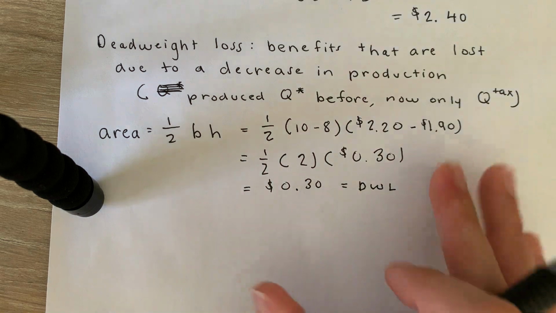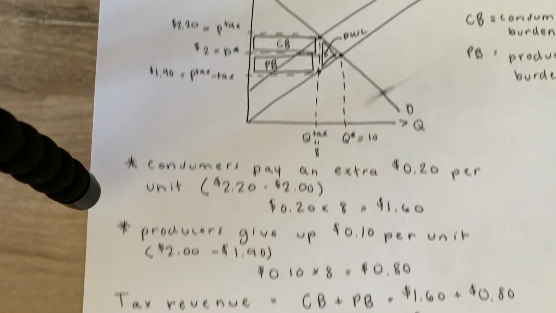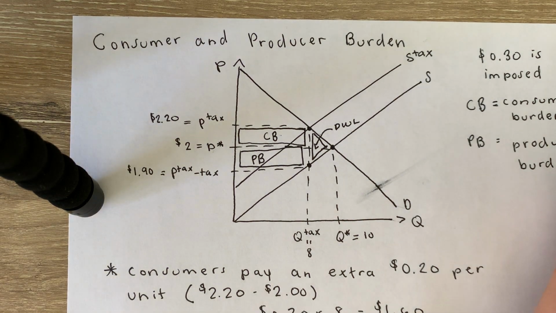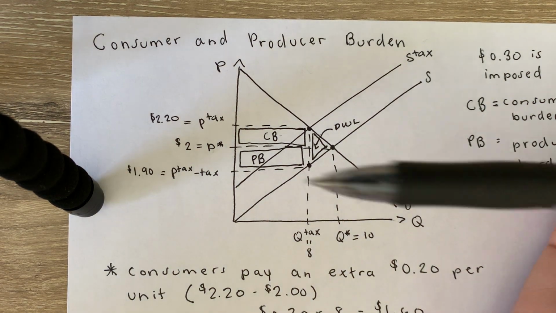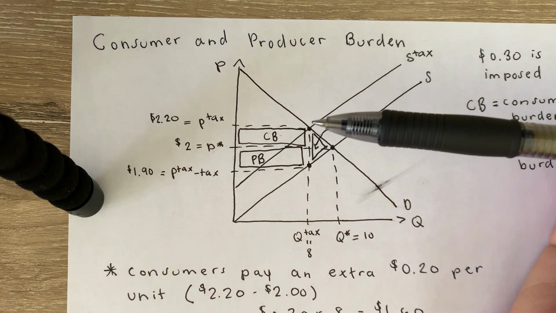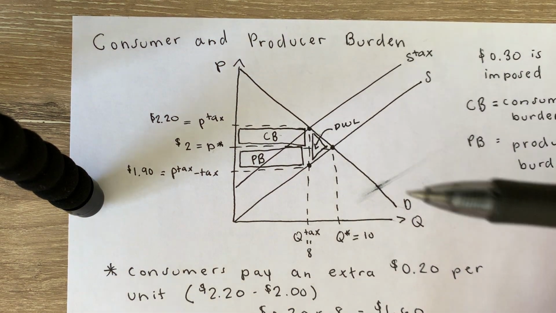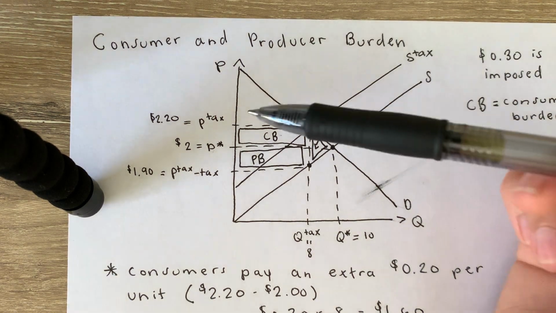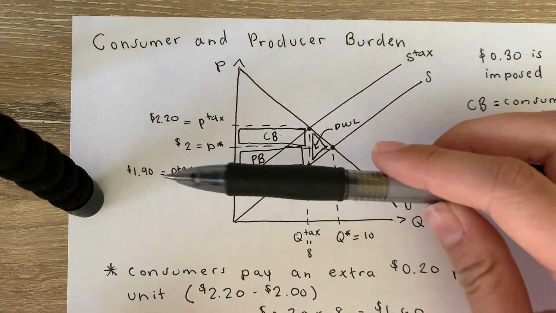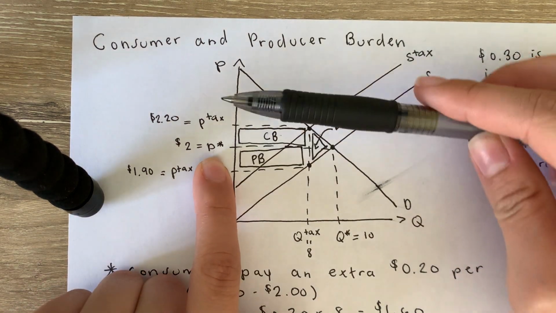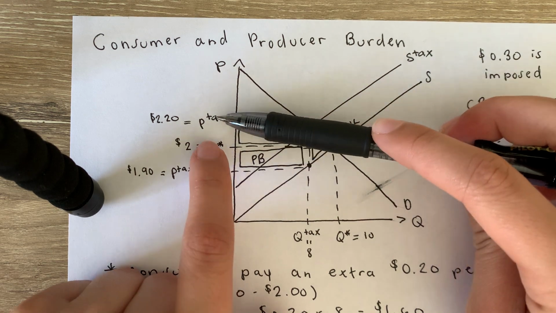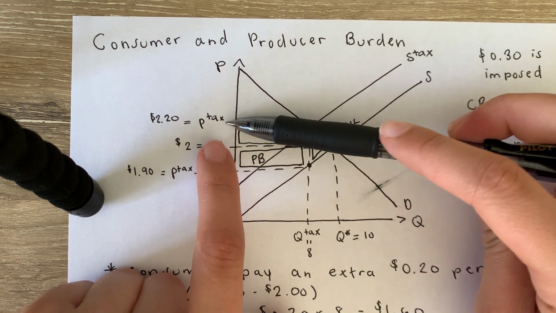Another important thing to know here is our consumer surplus and producer surplus. So what happened to both our consumer surplus and producer surplus when the tax is imposed? Before, consumer surplus is everything above P star and below the demand curve, but now we're paying P tax, 20 cents higher than what we were paying before.